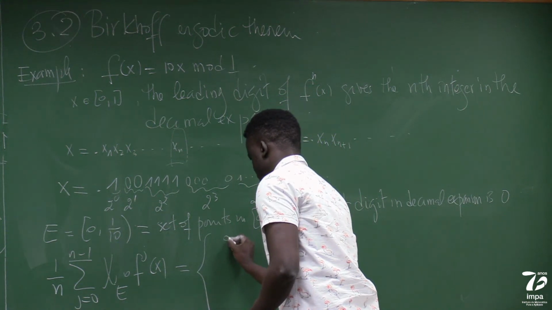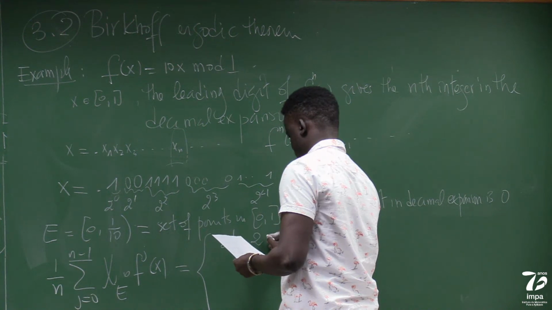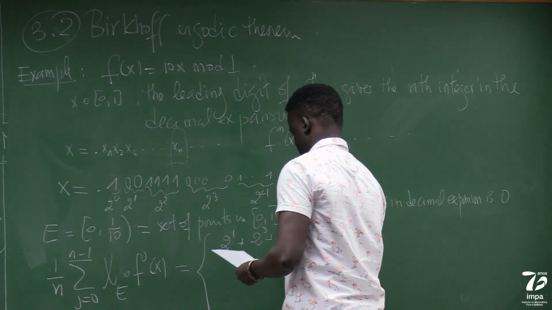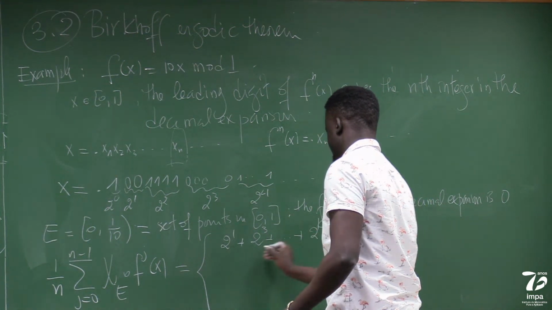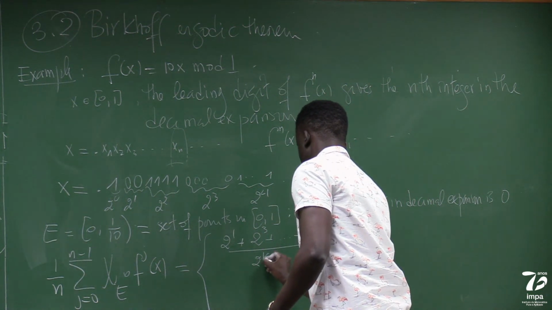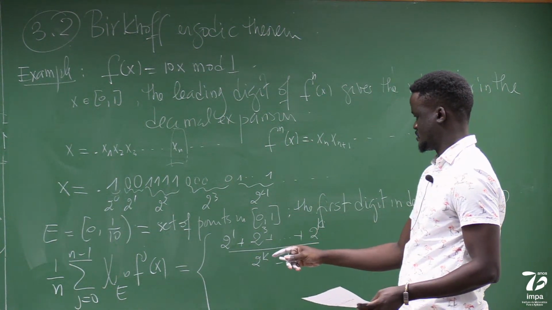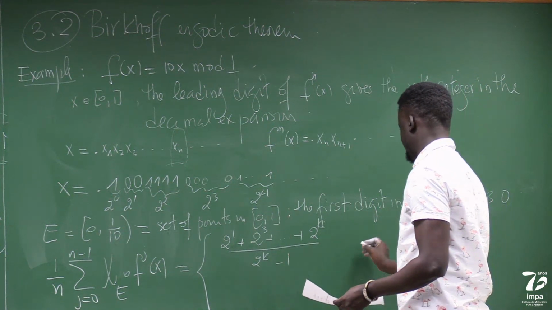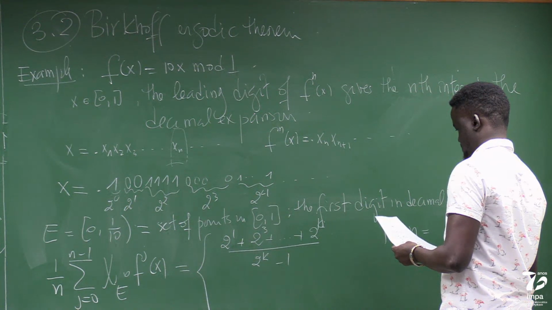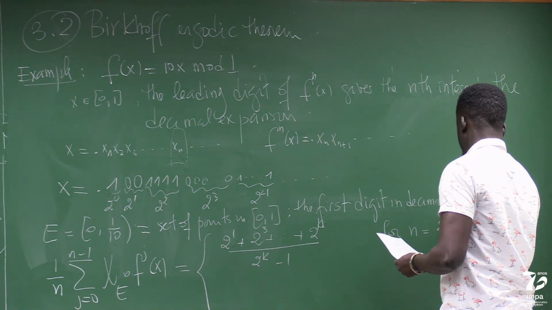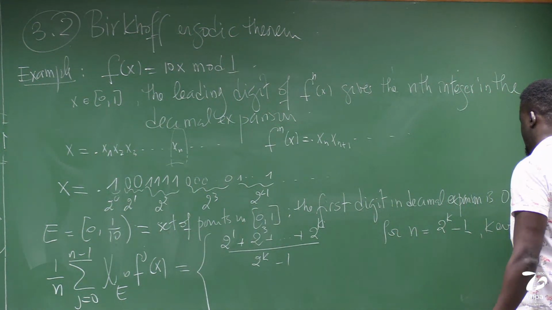So what you get is 2, 2 to the 1 plus 2 cubed plus ... plus 2^(k-1), for n equal to 2k minus 1, and k is even here. Okay?